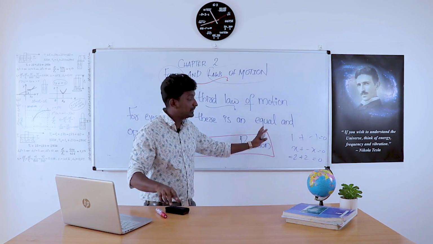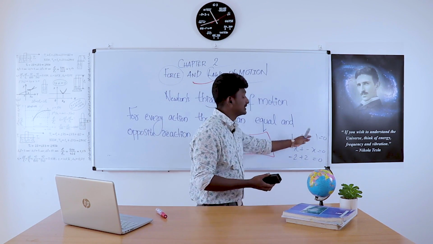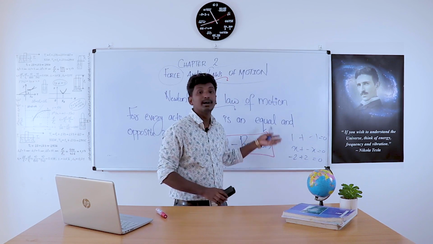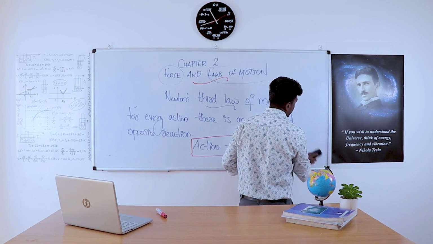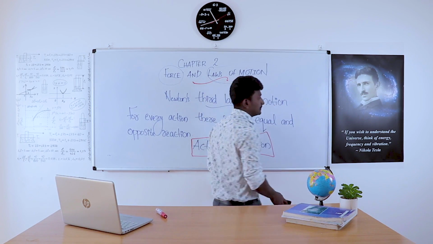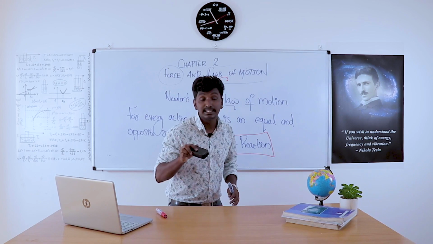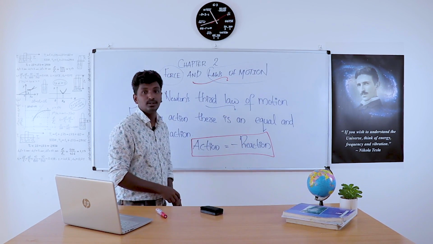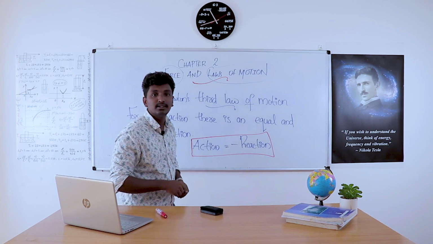These are all mathematical terms, just examples I am using to explain. These numerical terms say that equal and opposite terms must cancel each other. In Newton's third law, Sir Isaac Newton is saying that action and reaction are equal and opposite.